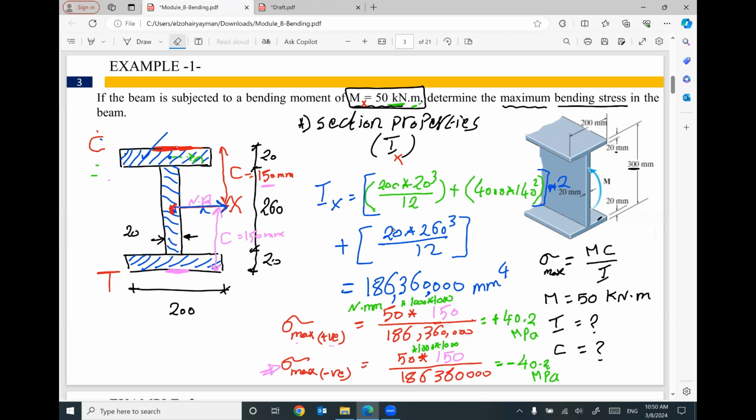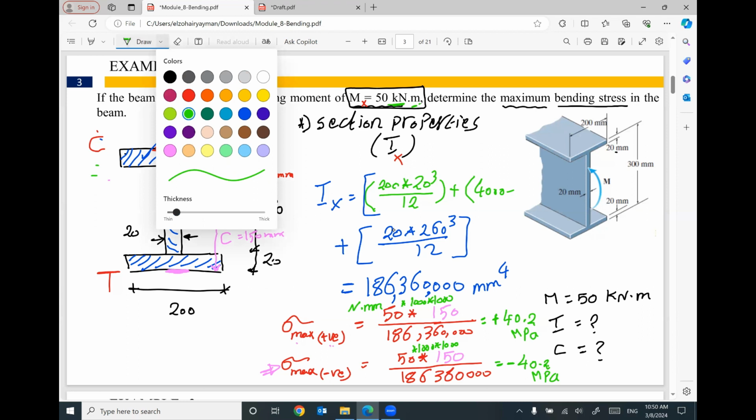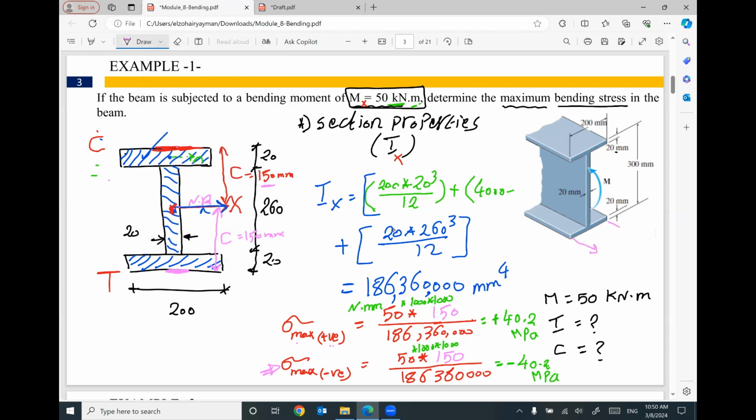If you would like to draw this stress, I can help you. So I will draw the stress on the cross section. At the bottom, we will have tensile stress. Maximum tensile stress, how much? 40.2 megapascal. At the top, I will have compressive stress.